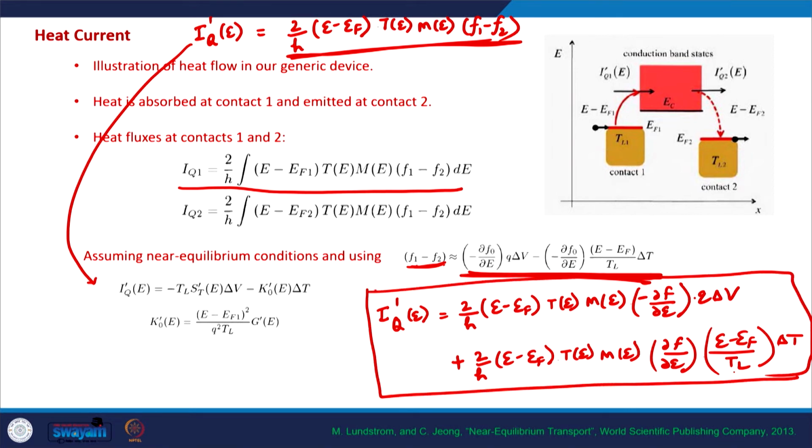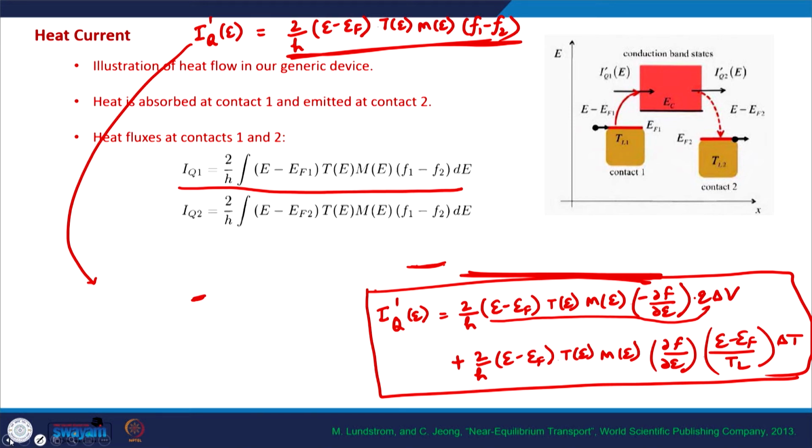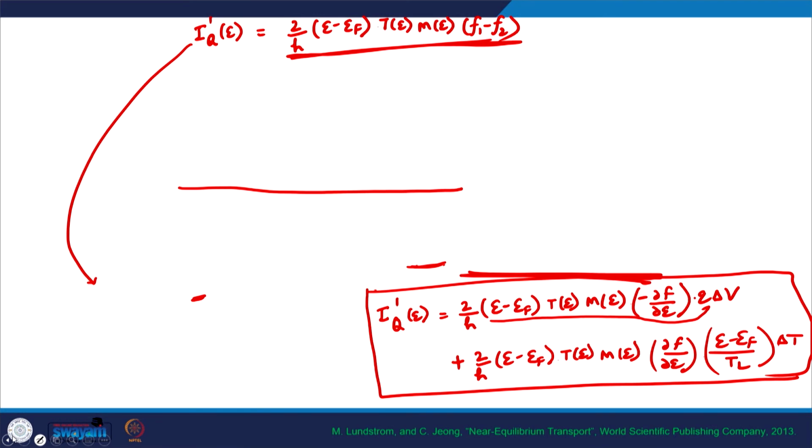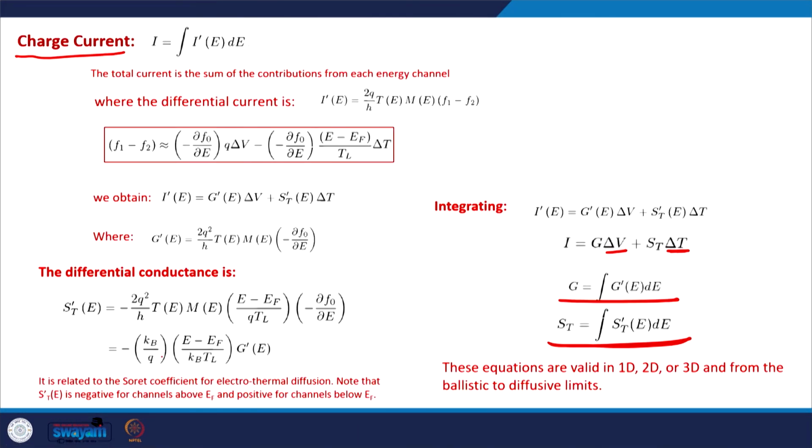And if we have a close look at this, this coefficient apart from delta V is closely related to the Soret coefficient, because this S prime T in our previous derivation is given by this expression.